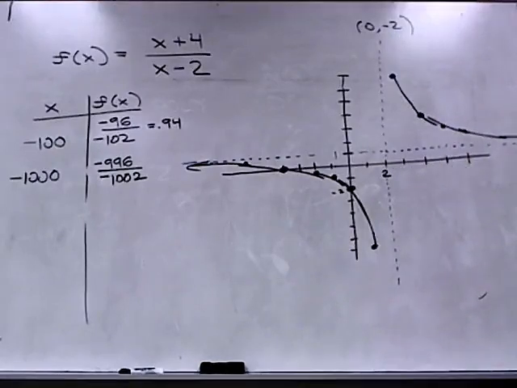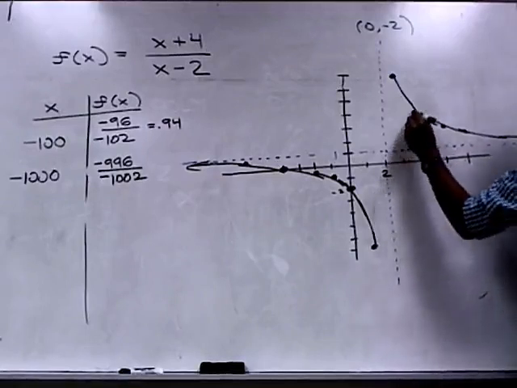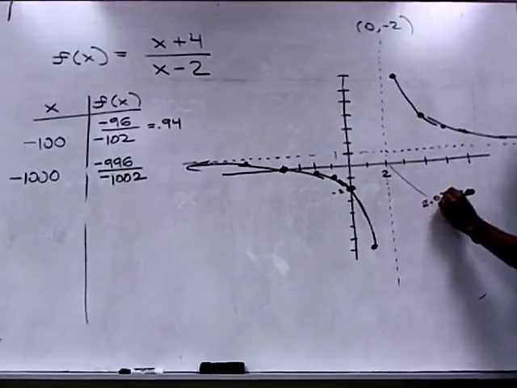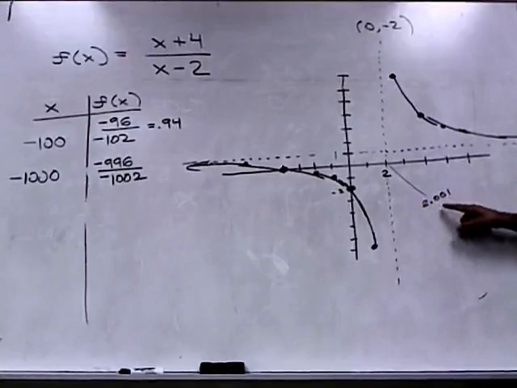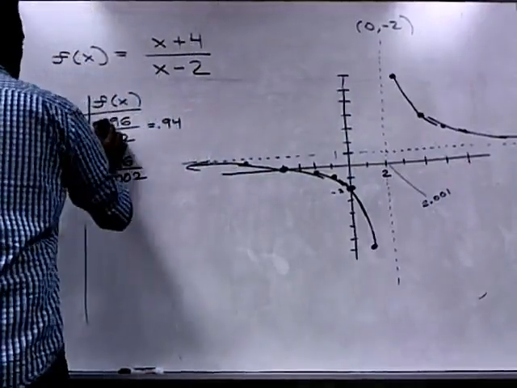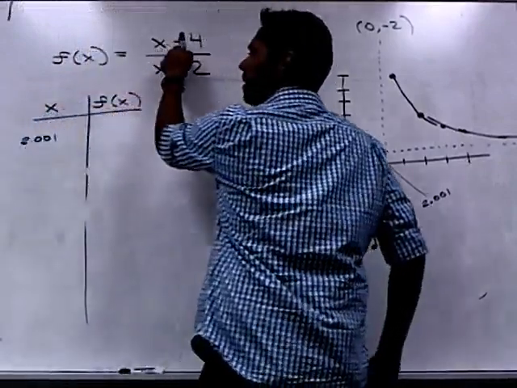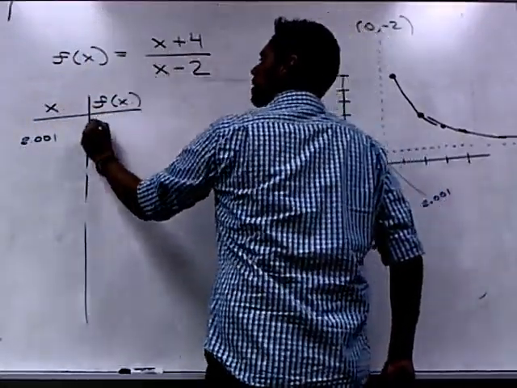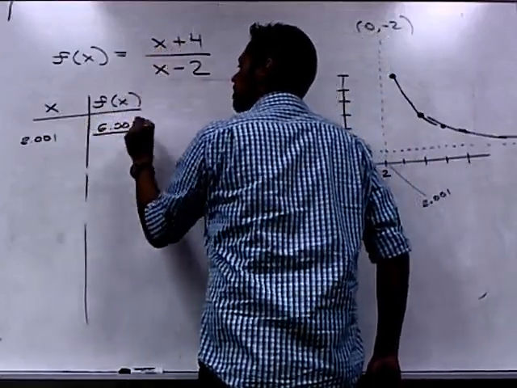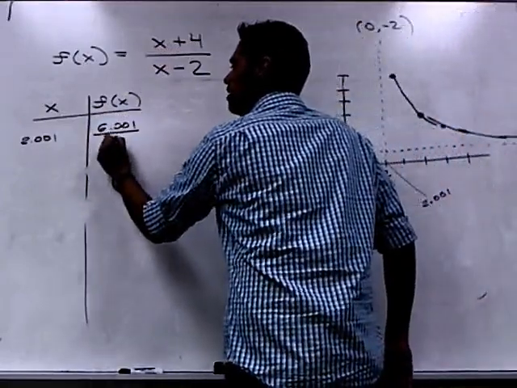And now let's just verify that something crazy is happening towards 2. So let's pick something that would get us pretty close to 2 over here. Like, let's try 2.001. Do you agree that's really close to 2? Yes? I would like to plug 2.001 into the function and see what happens. So I need my calculator, people, to take 2.001, plug it in up here, and we get 2.001 plus 4 is 6.001 divided by 2.001 minus 2 is 0.001.